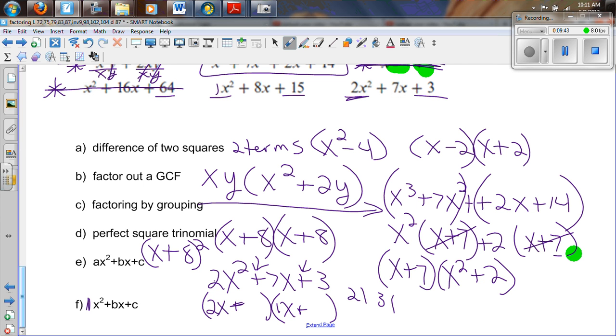When I do that, I need to add these, so I'm going to probably do 2 times 3 is 6, and 1 times 1 is 1, and 6 plus 1 is 7. If I'm going to do 2 times 3, the 3 has to go over here, and the 1 has to go in the other spot.